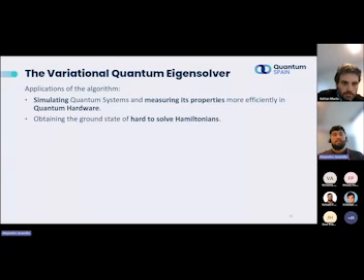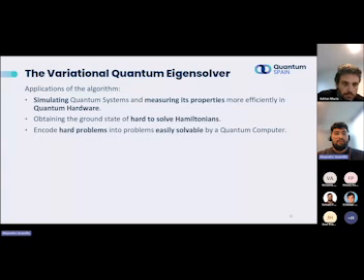This can be used to obtain the ground state energy and the ground state wave function of Hamiltonians that are hard to solve in a classical computer. And a really interesting application is that we can encode really hard problems, so NP problems, into problems that are easy to solve by a quantum computer but hard to solve for a classical computer.